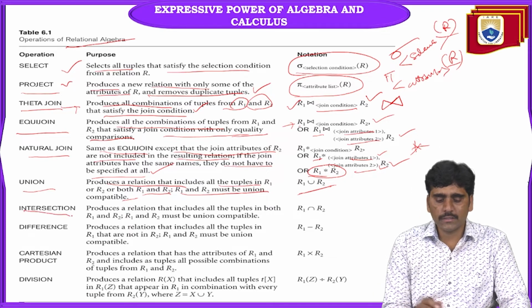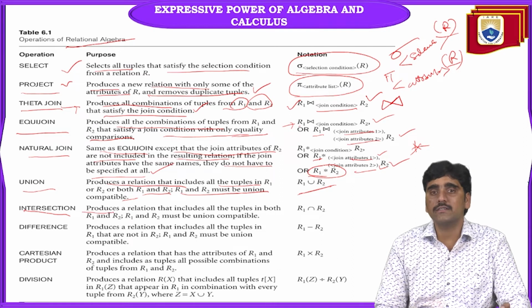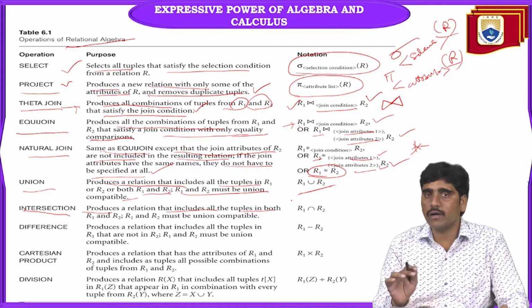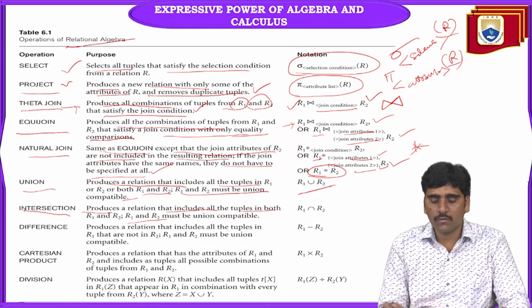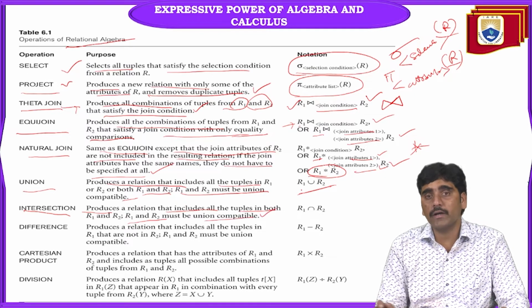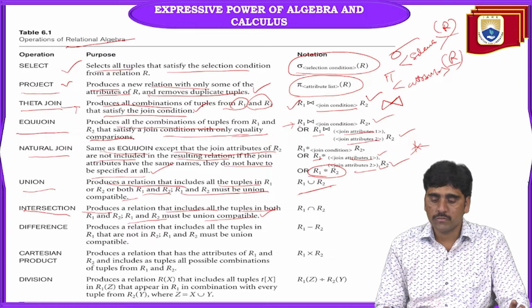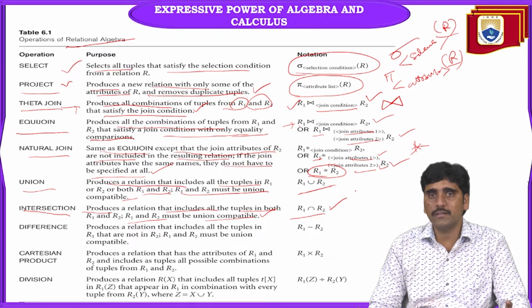Next, the intersection operator. This operation produces a relation that includes all the tuples in both R1 and R2, only those in both. R1 and R2 must be union compatible. You can indicate it as R1 intersection R2.